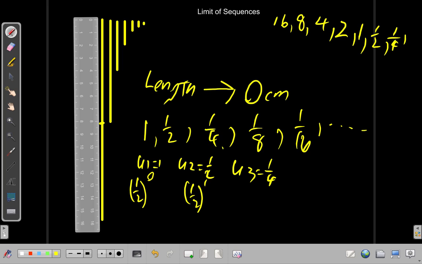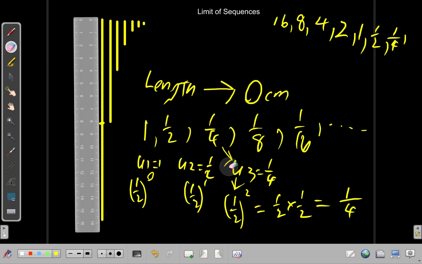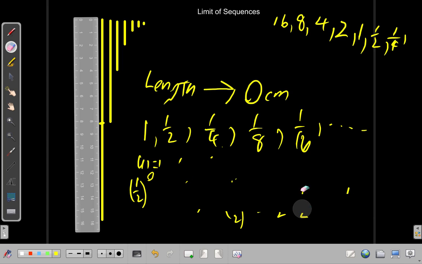To get U3, you get half squared, which is really half by half. Multiply fractions: 1 by 1 is 1, 2 by 2 is 4. See that? What about the fourth term, 1/8? How do you get that?